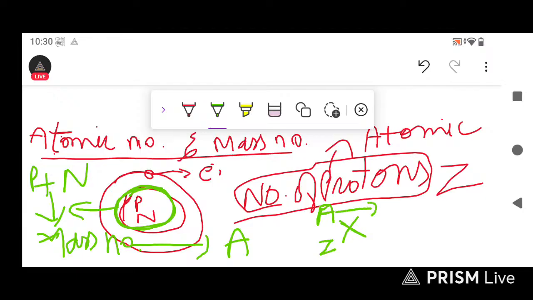It is the mass number, and that is the atomic number or proton number.